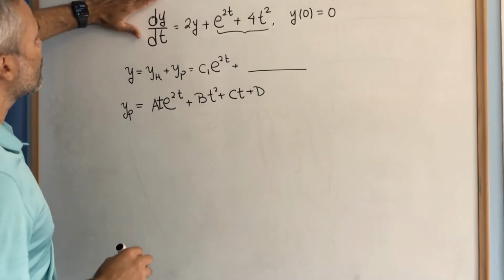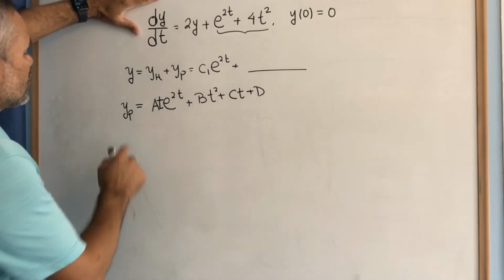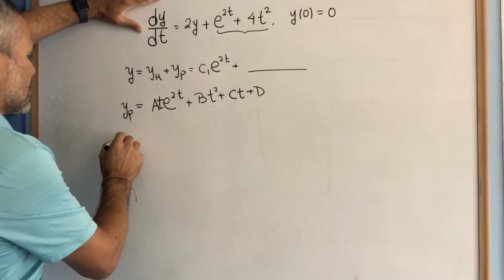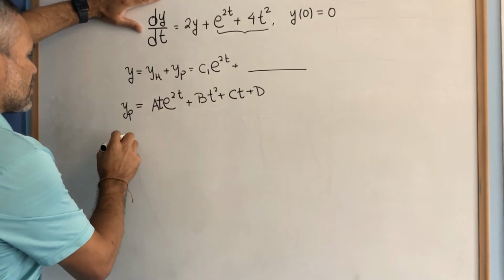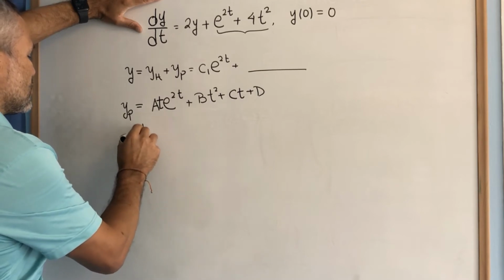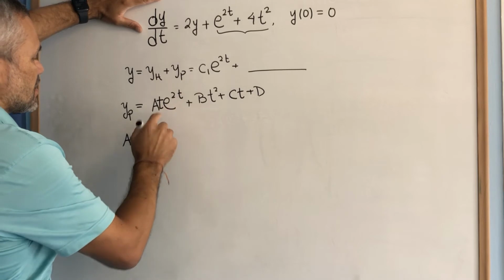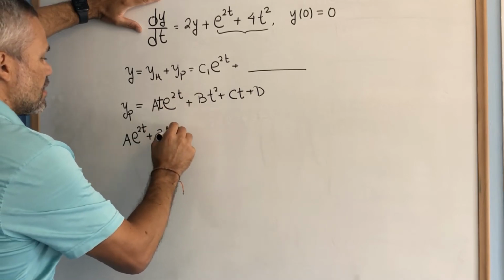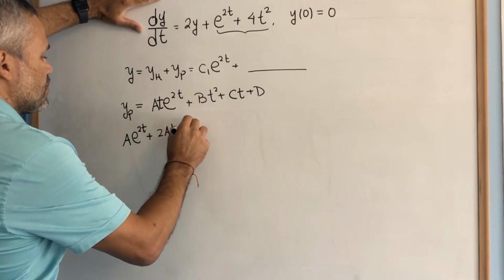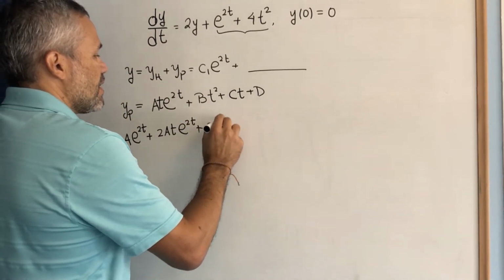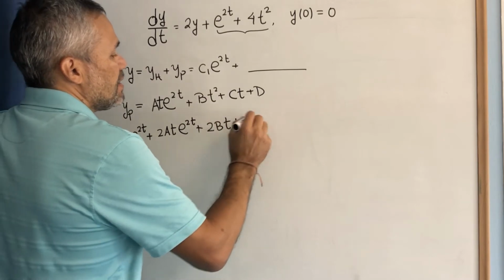now we do what the differential equation tells us to do. The derivative of this function, we need to do the product rule for this part, is a e to the 2t plus 2at e to the 2t plus 2bt plus c.